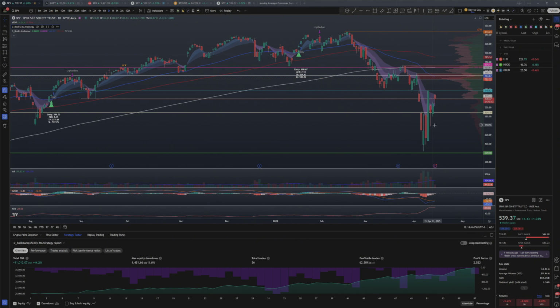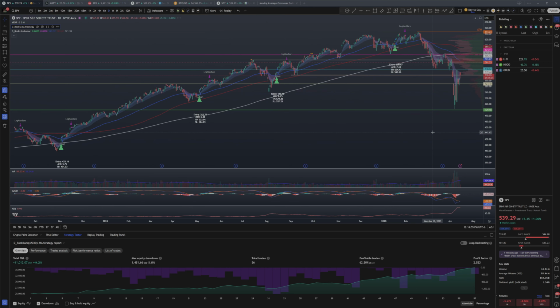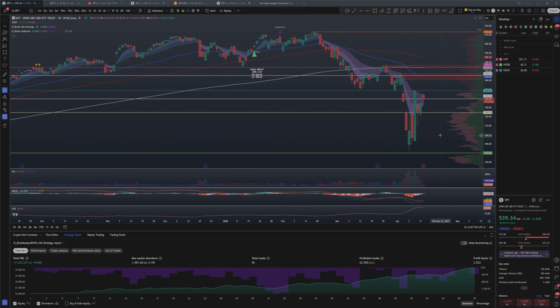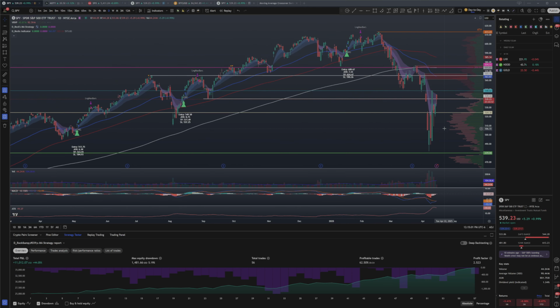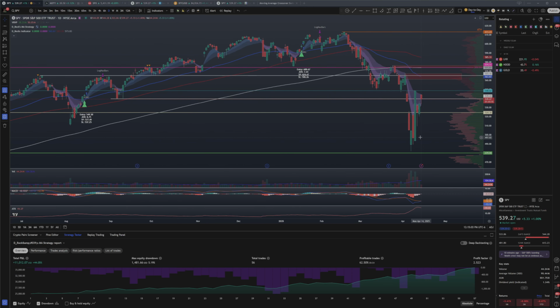A lot of people will say, hey, you need at least 100 trades to really justify a strategy, and that can be true, but I have found for this particular strategy that this is plenty. This is good. This really gives me a broad sense of what this strategy does and how it performs.